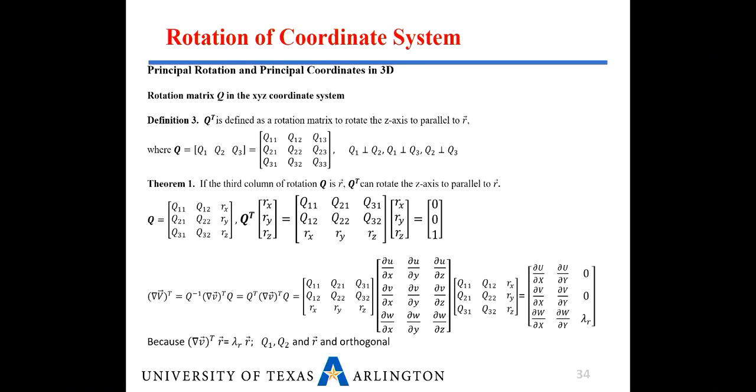The new one is the Z part, this part, 0, 0, lambda r. This is parallel to the new text.